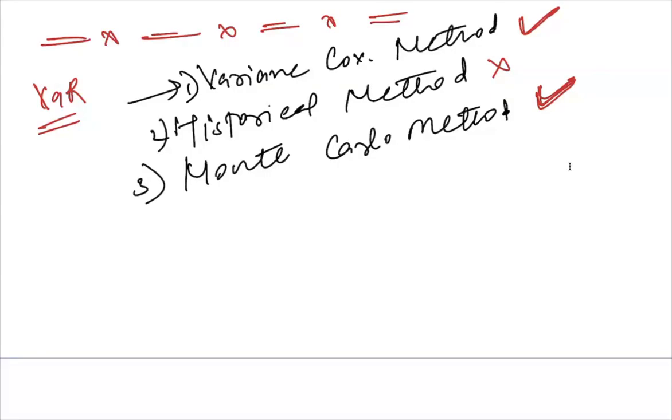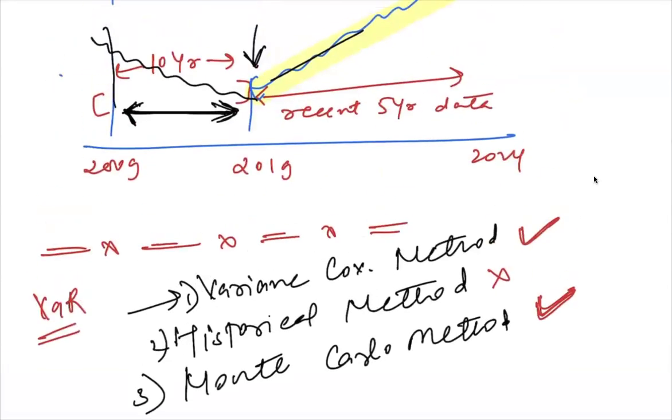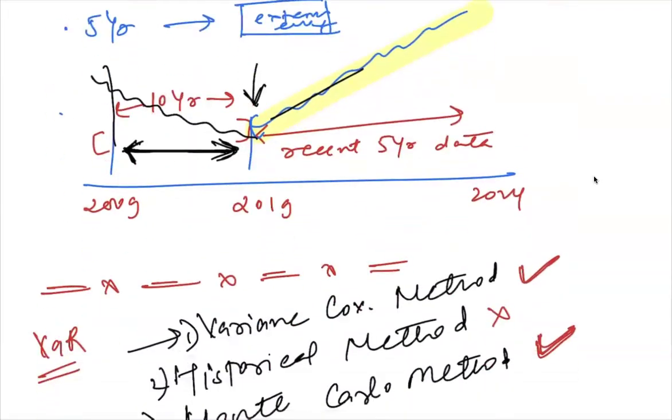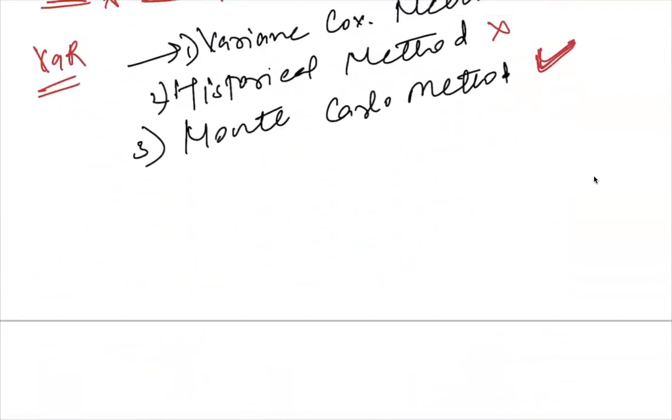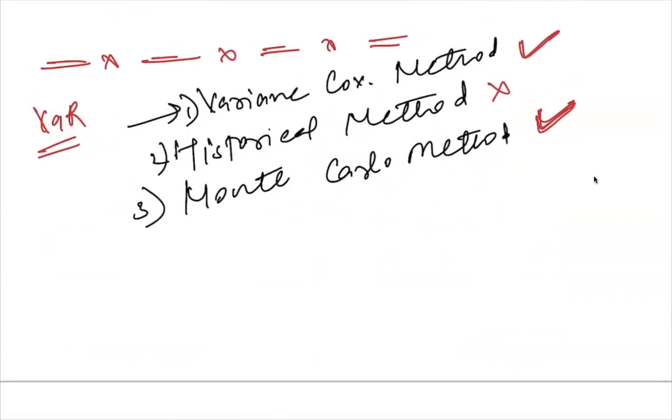Is there any other question on this? Okay, if there are no more questions, I'll stop the recording, and in the next class we'll see how we can implement the value at risk model using the historical method in an Excel spreadsheet.